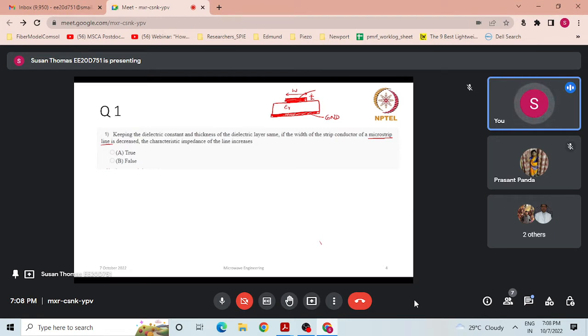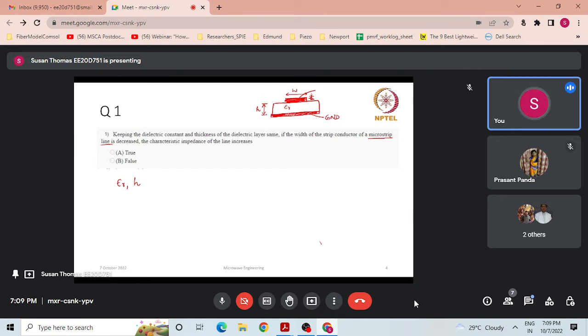The question is, keeping the dielectric constant and thickness of the dielectric layer the same. Let me denote this as T and this as H. H is the height of the dielectric substrate and epsilon R is the dielectric constant of the substrate used.